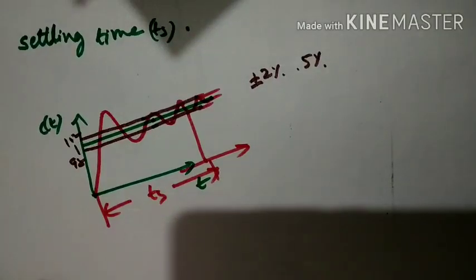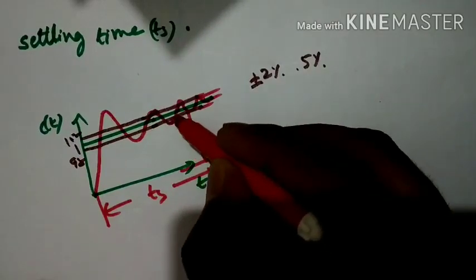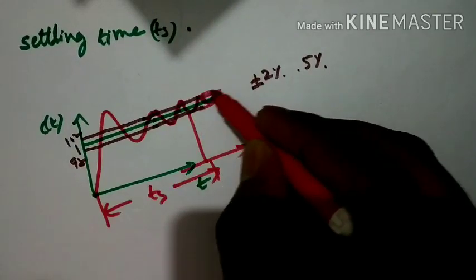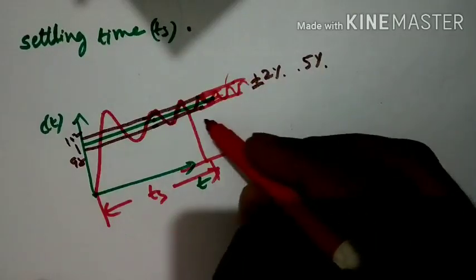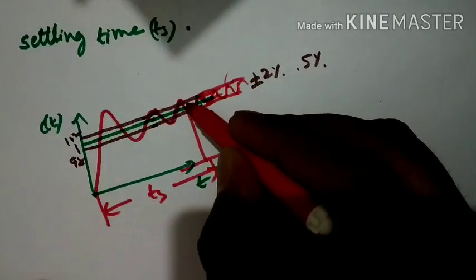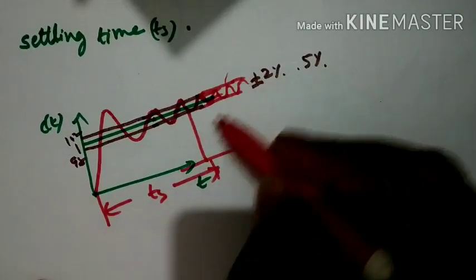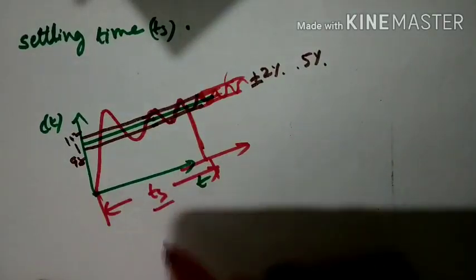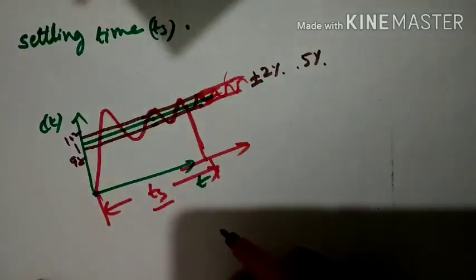This is still above this line, still below this line, but here also above. But when it comes to this point, it is settled within the band. It is not going above or below. So the moment it reaches the 2% tolerance band and stays within it, we take it as the settling time.